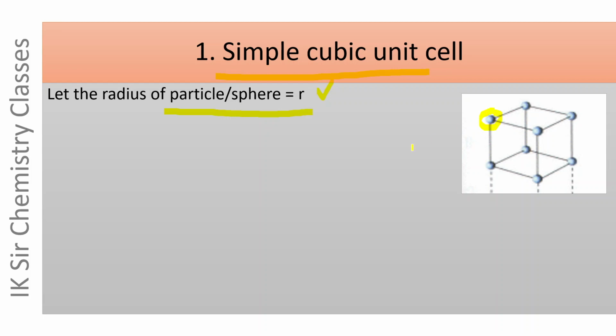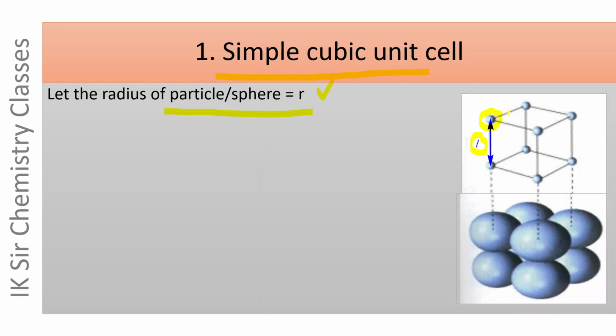This is the edge length of simple cubic unit cell and it may be represented by L. In actual practice, all these 8 spheres touch each other and L is equal to twice the radius of a sphere. L is equal to 2r as evident from this diagram.